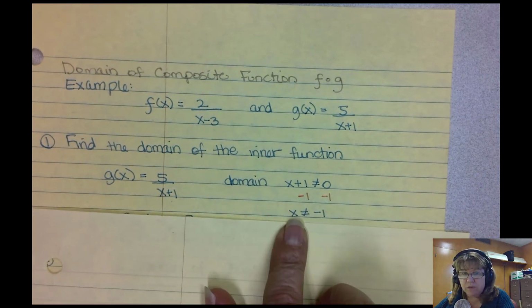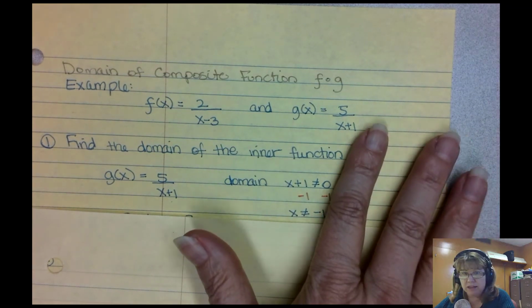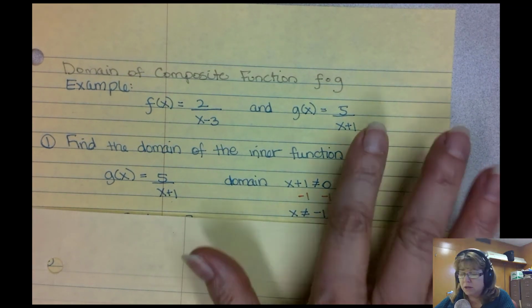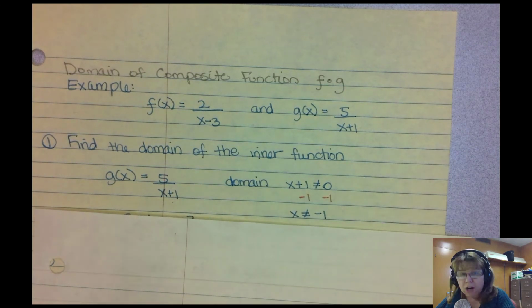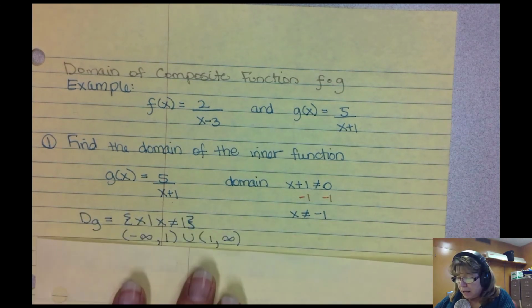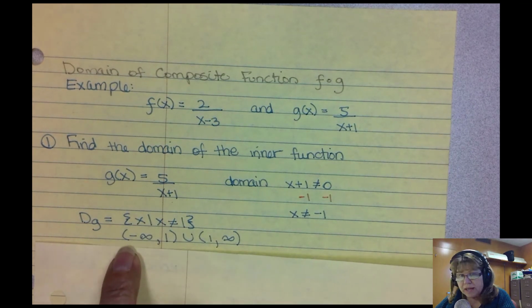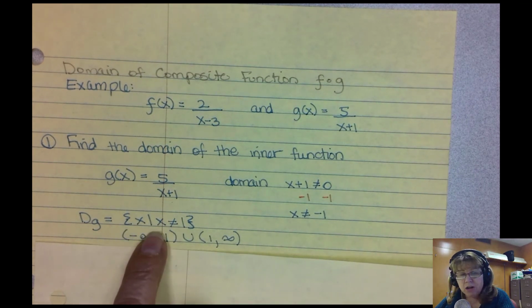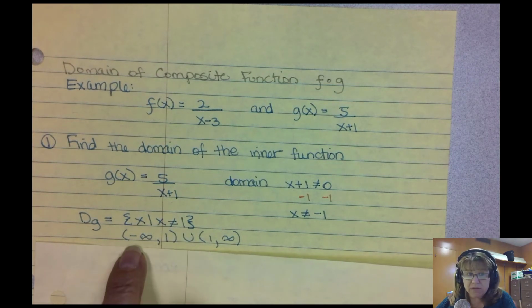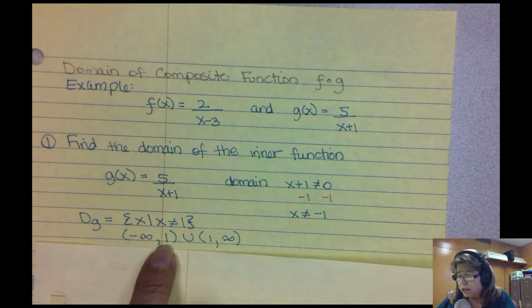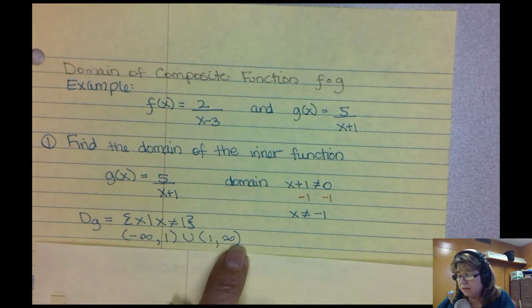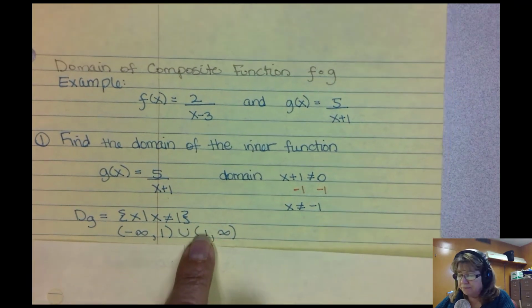We already figured that out just by looking at it: the denominator is not allowed to be 0, so I need to solve for what causes it to be 0, and that's negative 1. We have either in set notation all x's such that x is not equal to negative 1, or in interval notation negative infinity to negative 1, not including negative 1, and negative 1 to positive infinity, again not including negative 1.